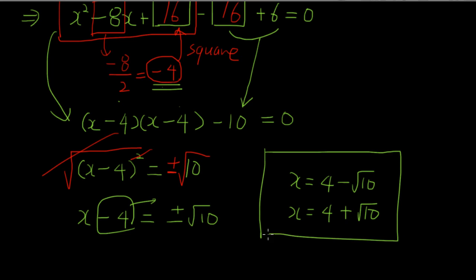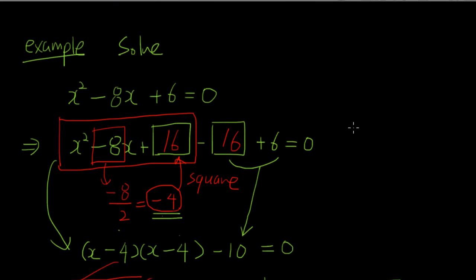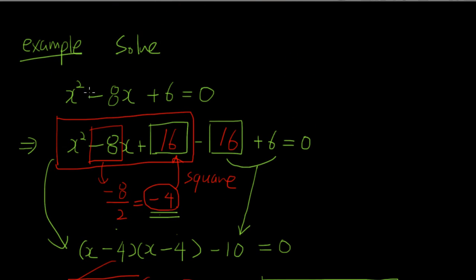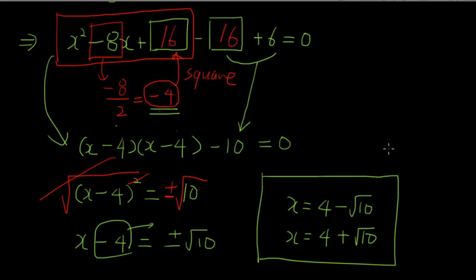We have these two answers for this question. You have these two answers for that question, right? This is how you use the complete the square technique to solve a quadratic equation.